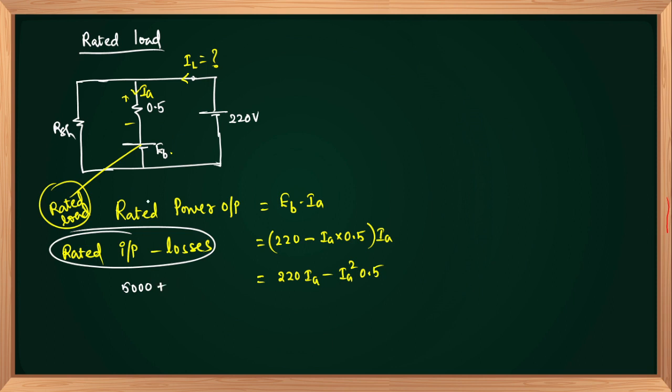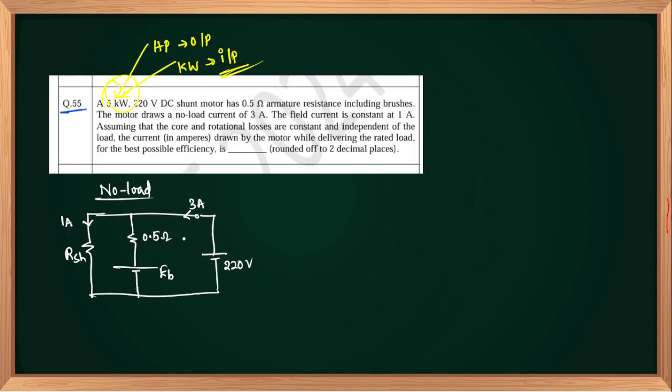Along with this, the power produced at the armature is the total power supplied minus armature losses and shunt field copper losses. That is what you need to take. From the no load information, total power supplied to the motor is what?